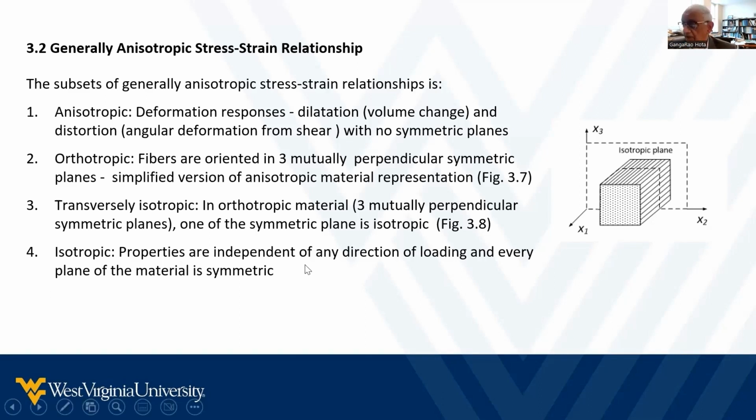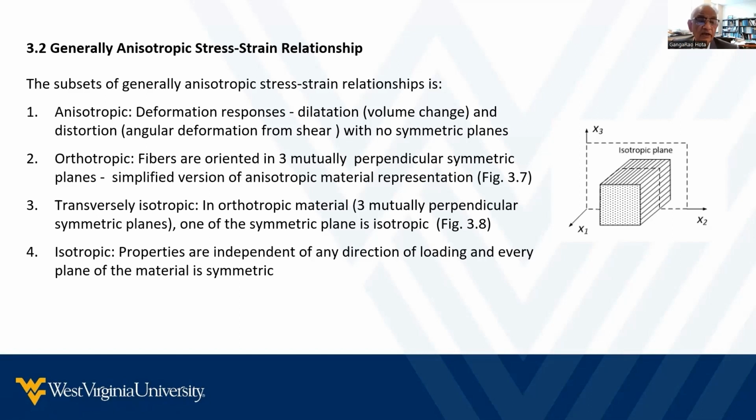Isotropic material properties are like steel and aluminum, and these properties are independent of the loading or the direction of the material axis. Whereas when I go one step further to item number 3, this is called transversely isotropic.